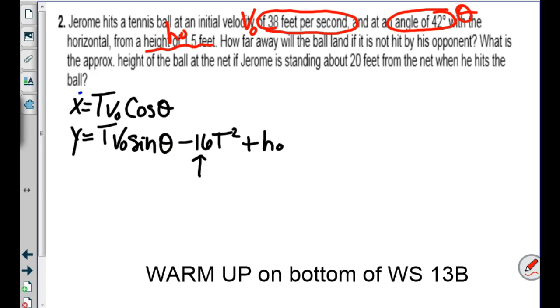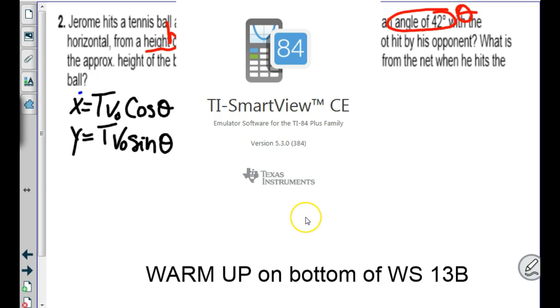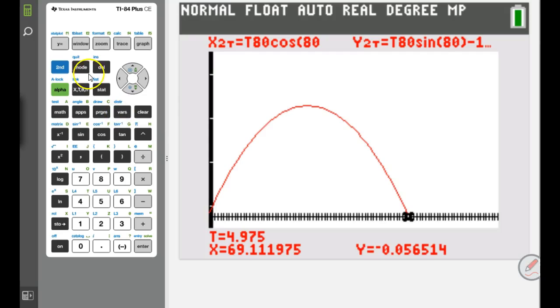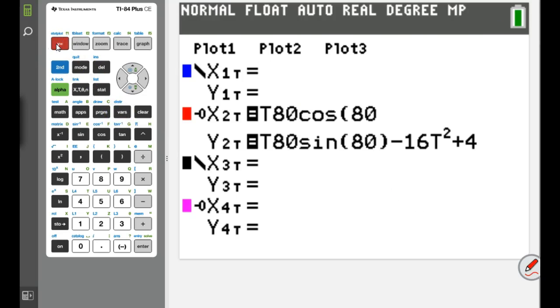All right, so calculator on. And this one had, what were the numbers again?